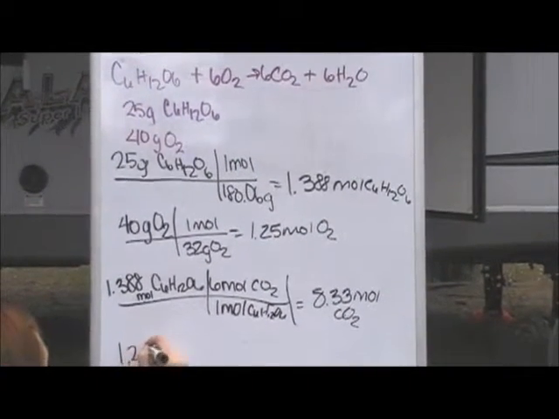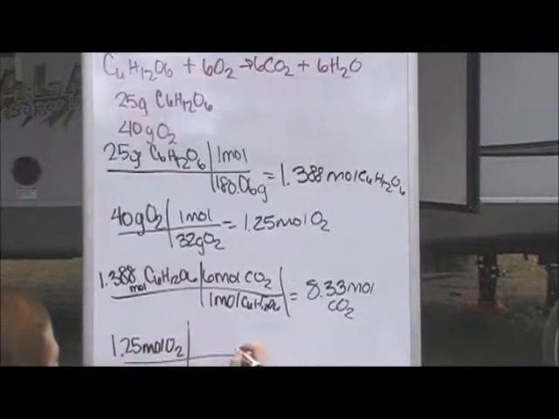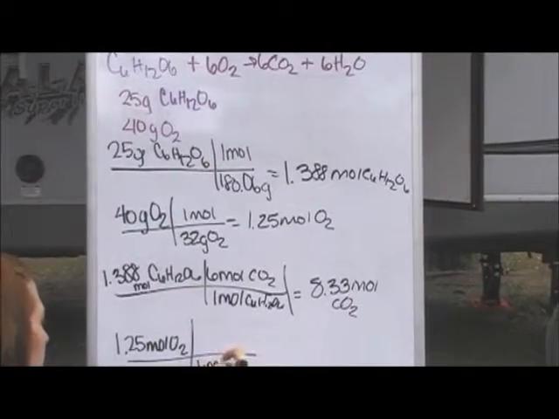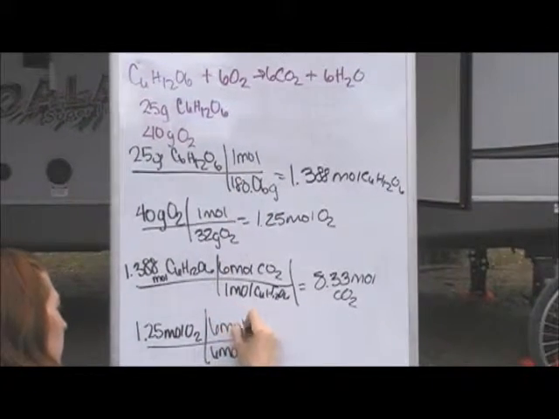Now we're going to do the same thing with our O2. We're given 1.25 moles of O2. And we're going to use our mole ratio, so we're given 6 moles of O2 for every 6 moles of CO2.